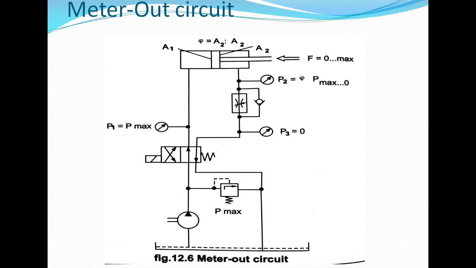Oil will come through this line to this reservoir. So this is how the meter out circuit will work.